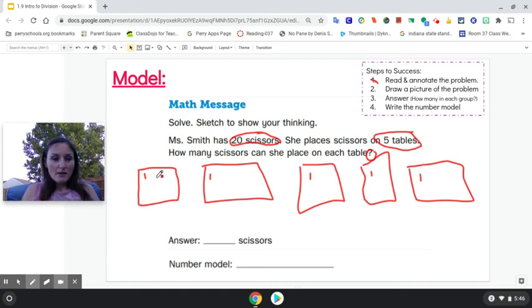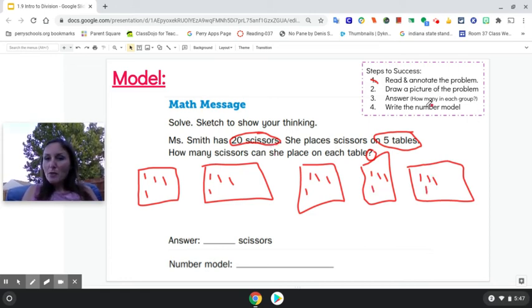So 5, 6, 7, 8, 9, 10. Still not at 20. So I go 11, 12, 13, 14, 15, still not at 20, 16, 17, 18, 19, 20. All right, so I've got to 20.